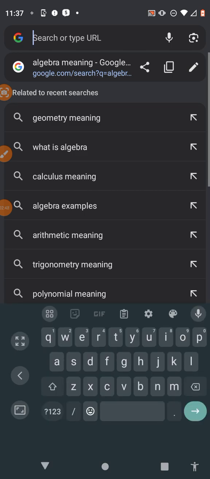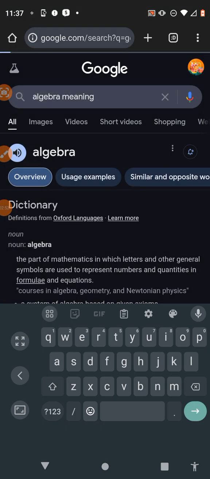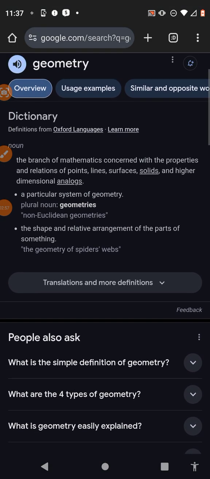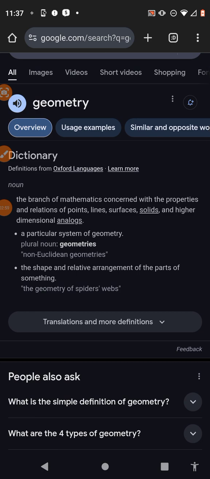And another thing that I want to cover is geometry, the meaning of geometry. It is the branch of mathematics concerned with properties and relations of points, lines, surfaces, solids, and higher dimensional analogs.